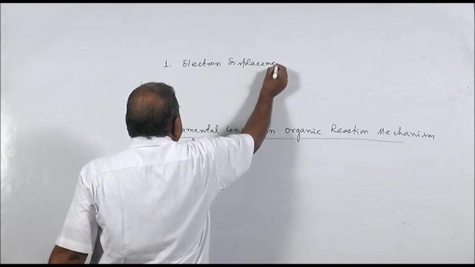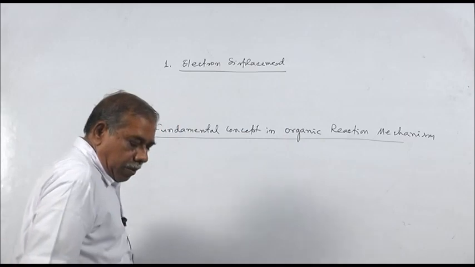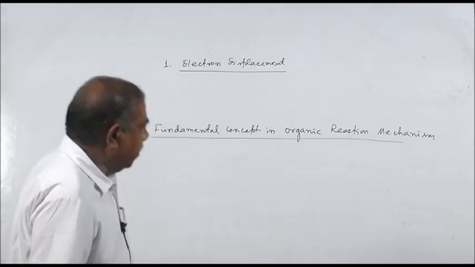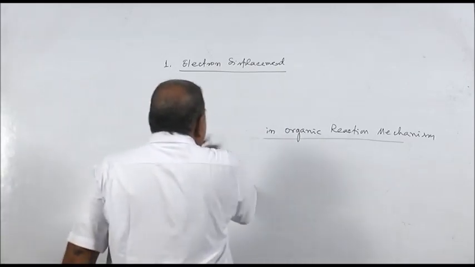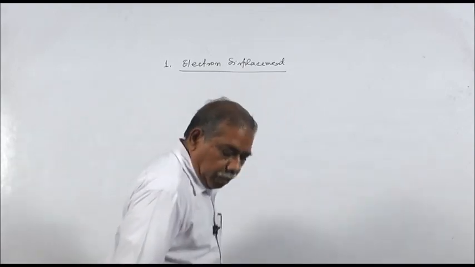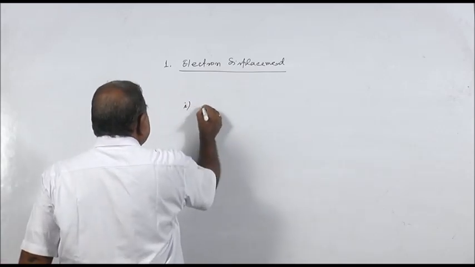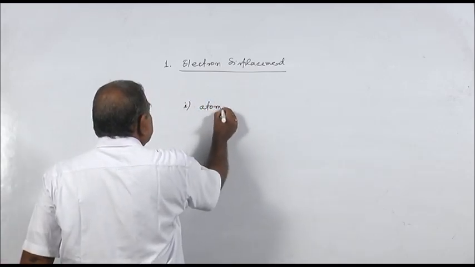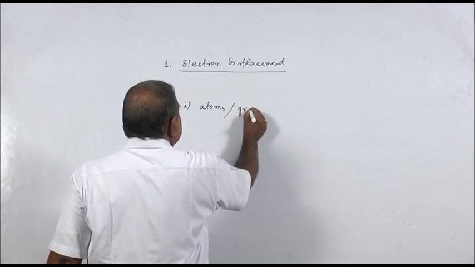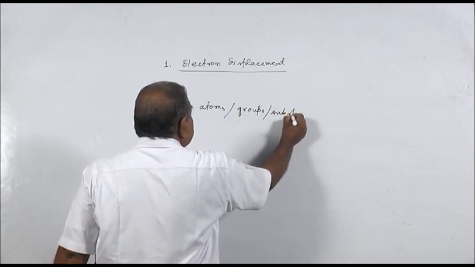Now electron displacement in an organic compound may take place either due to the presence of some atoms or groups or substituents.